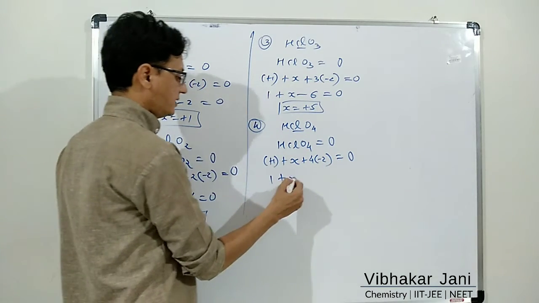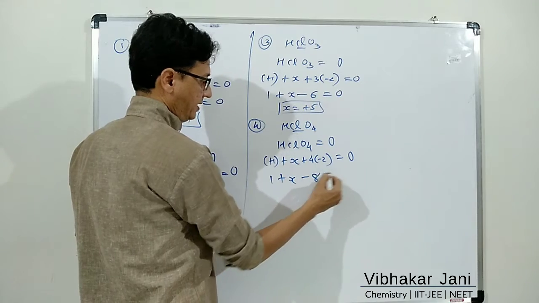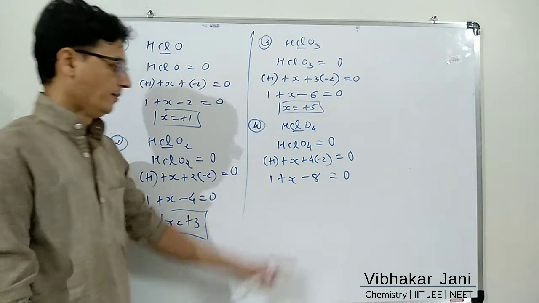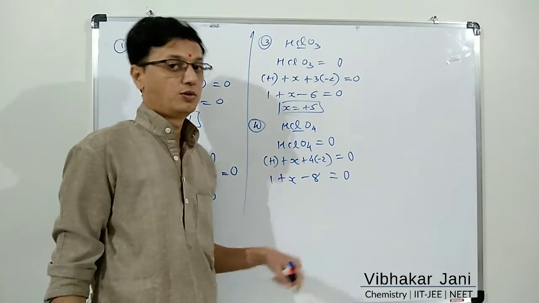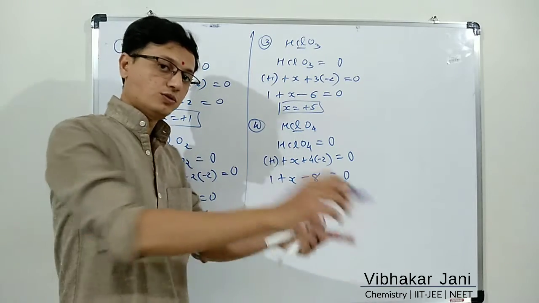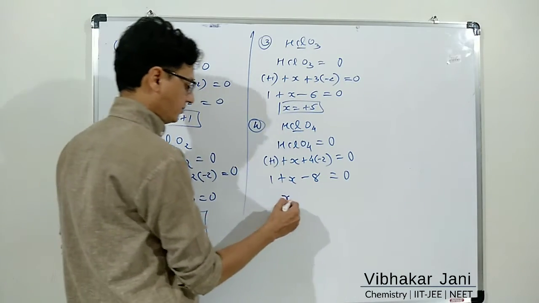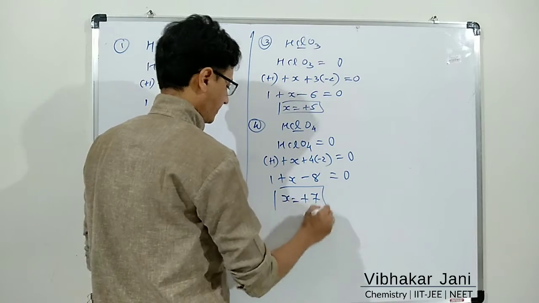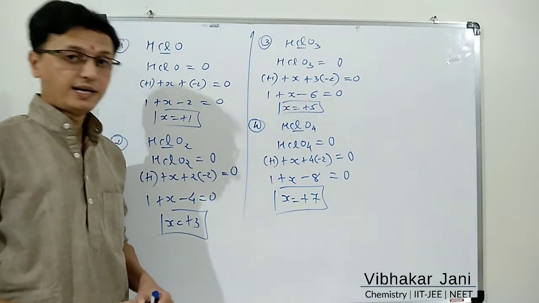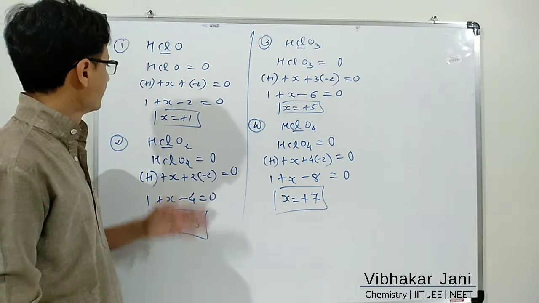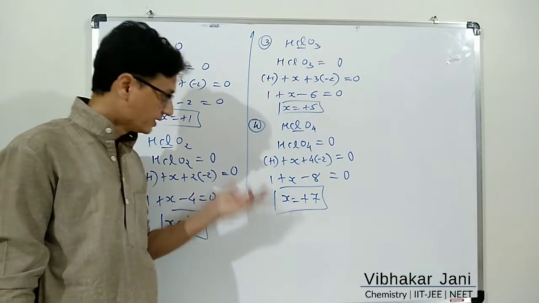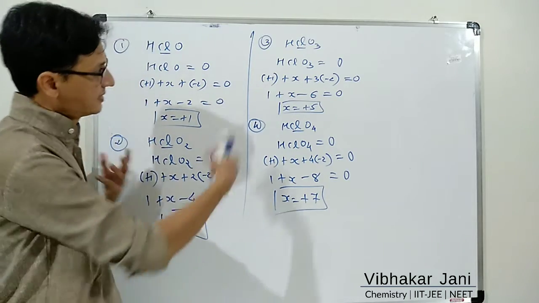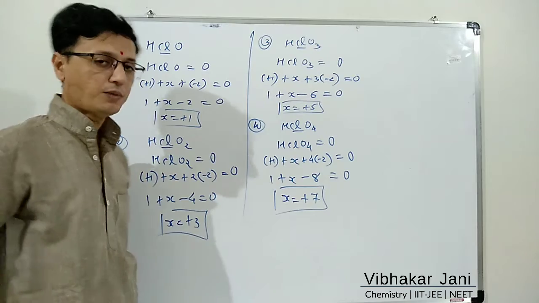Now 1 plus x minus 8 is equal to 0. -8 plus 1 equal to -7. And if it goes to the other side of equal to, then we will have +7. So chlorine can have +1, +3, +5 as well as +7 oxidation states in its different compounds.